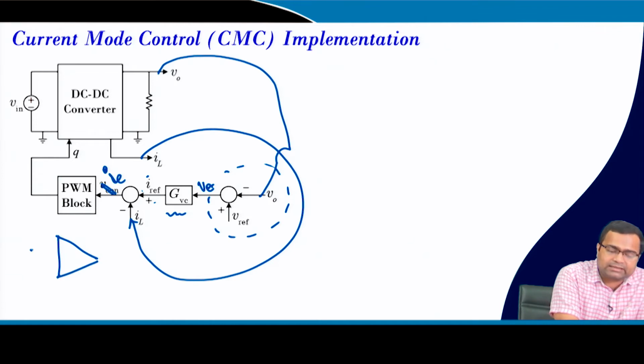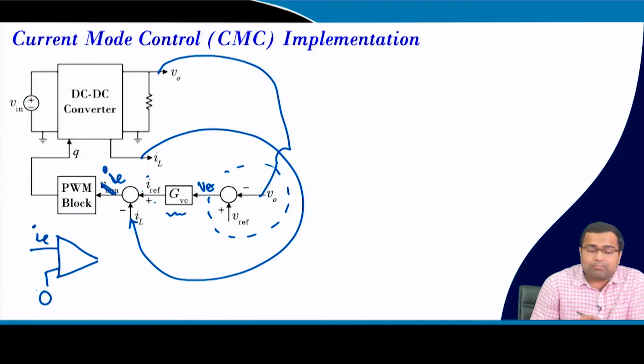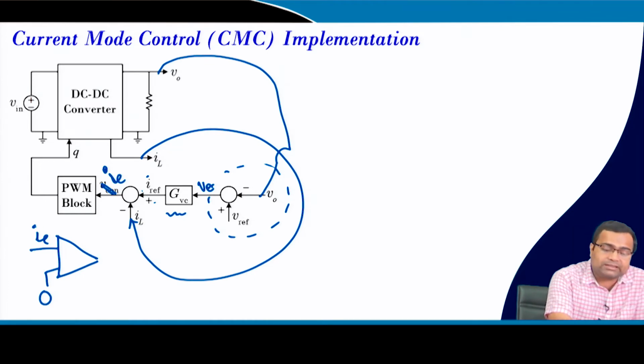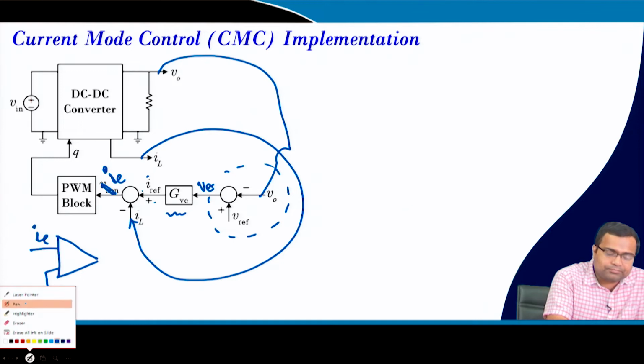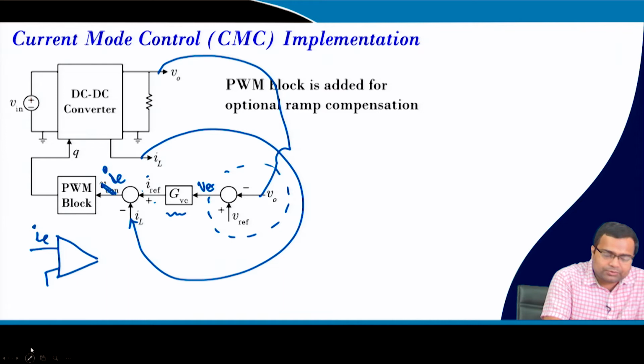with 0. But if we consider a compensating ramp, then this 0 is replaced by our sawtooth waveform like this.